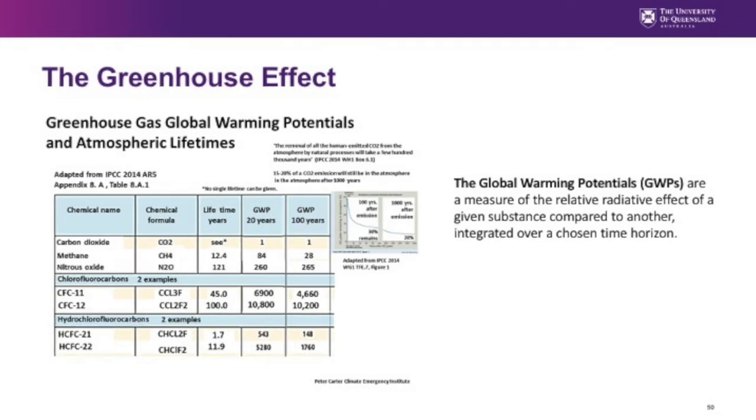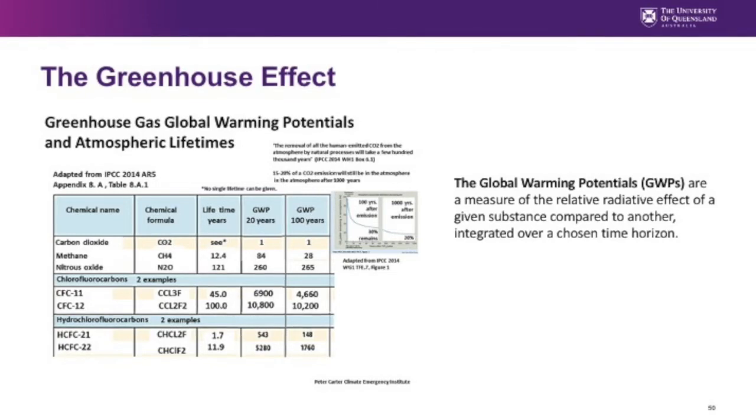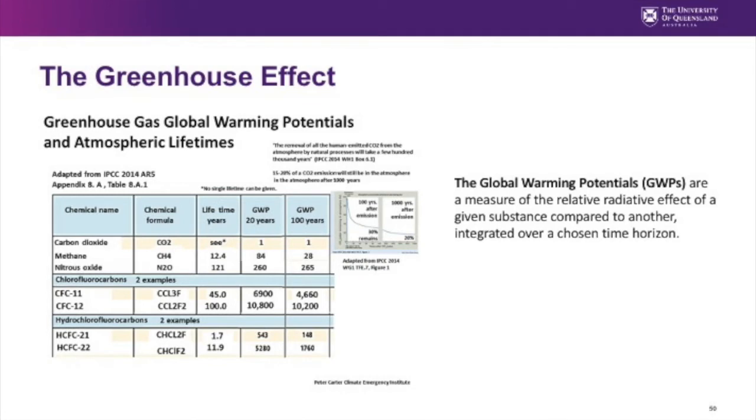We've been discussing a lot about carbon dioxide as the main gas, but there are some other gases that also have a greenhouse gas effect. These were discussed also in terms of the wavelength, the peak of the wavelength at which they absorb.